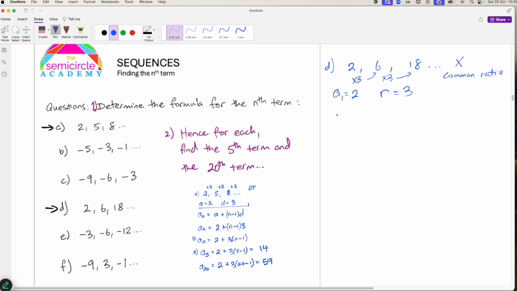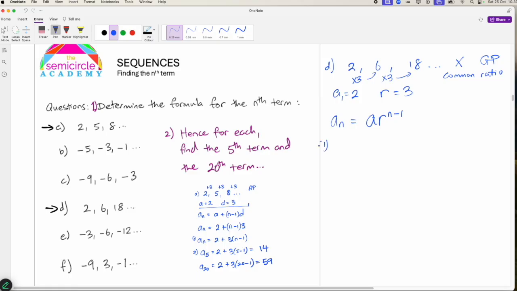So now, what is the general formula? This is a GP. What is the general formula for a GP? A R to the n minus 1. Thank you so much, Amara. So we have A R to the n minus 1. So A is 2.